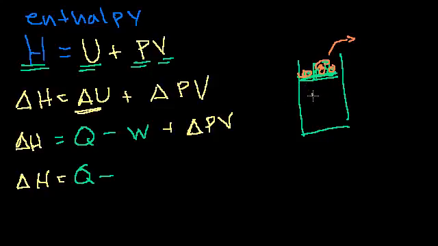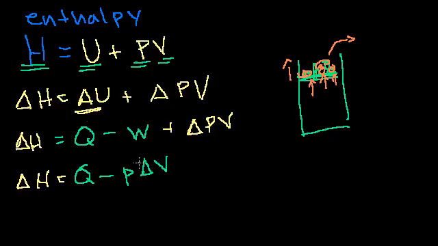You have some pressure being applied up here, and this piston is going to be moving up, and your volume is going to increase. And we showed multiple videos ago that the work done by the system, and you can kind of view this as the volume expansion work, is equal to pressure times change in volume.